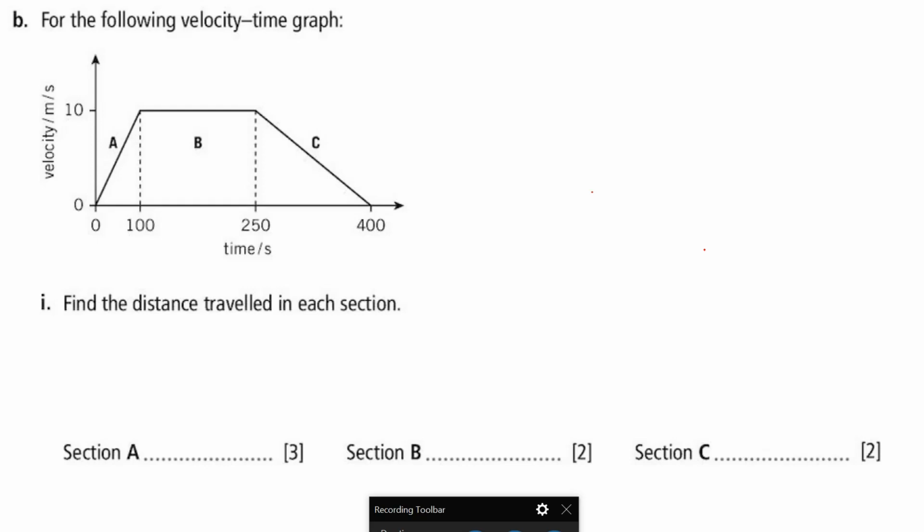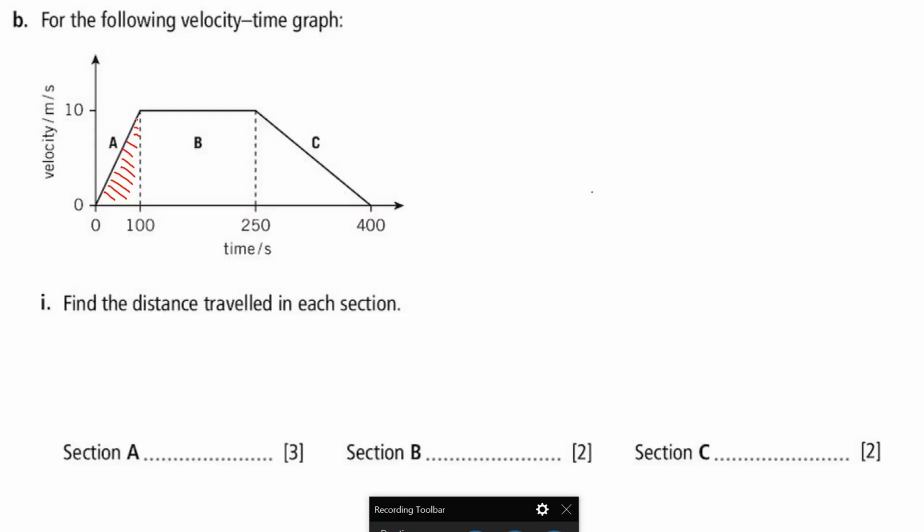In this question, you are asked to find the distance traveled in each section. In the velocity time graph, the area under the curve is basically the distance traveled by the object.